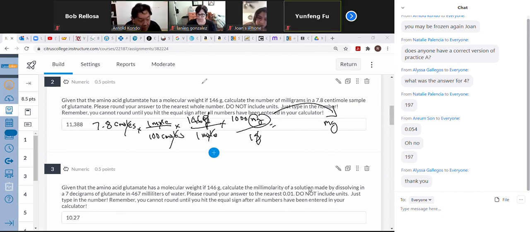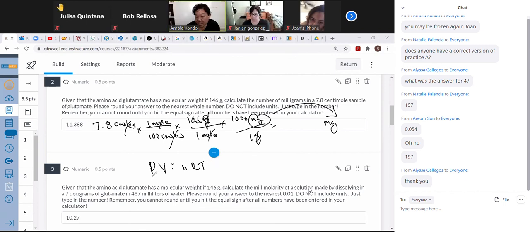If you're not used to solving a problem backwards, one of the biggest things you should remember from your chemistry class is that you're given a basic formula like the ideal gas law, P, R, and T. In this case, you're given E and D, so you should be able to figure out what P is. Whether you go forward or backwards, just make sure you know what you want to use on either side of the equal sign.